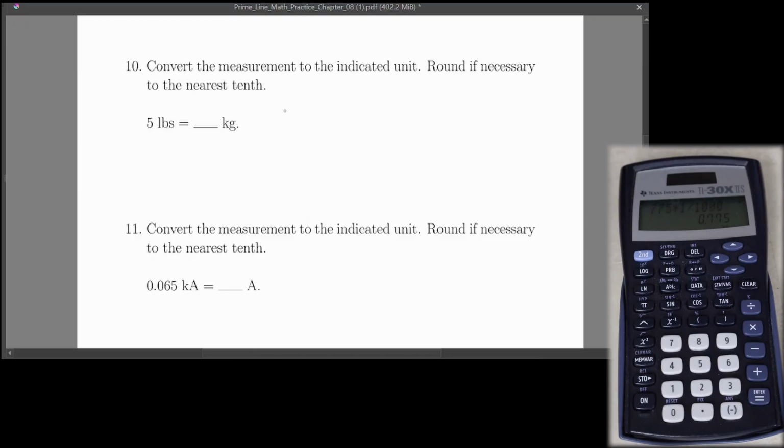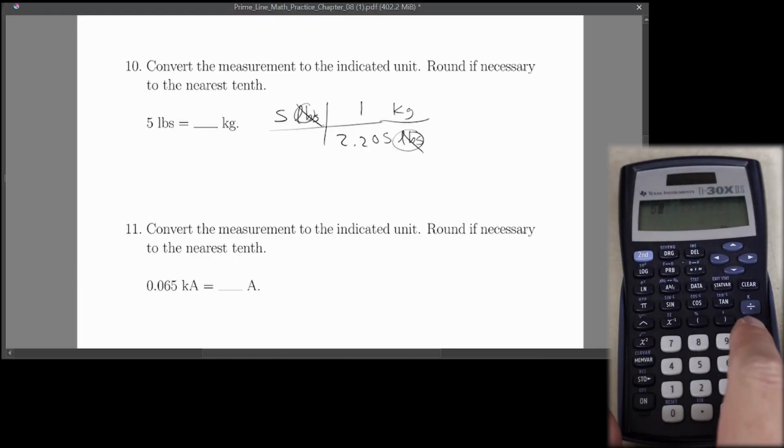So if we have 5 pounds, know that 2.205 pounds is 1 kilogram. We can cancel our units.